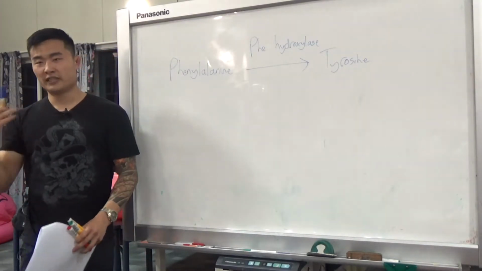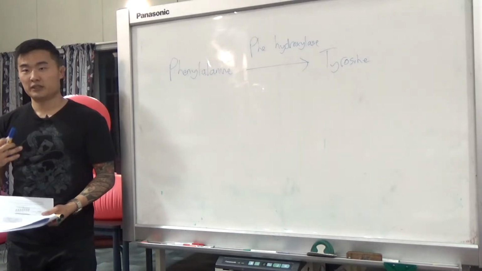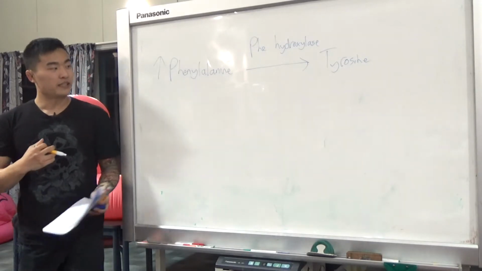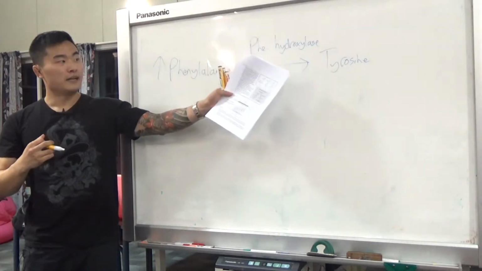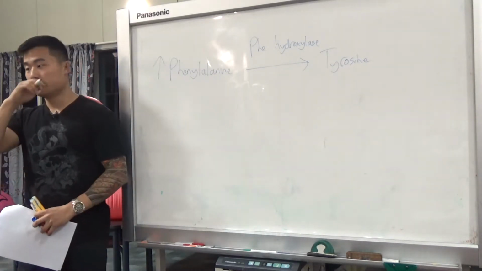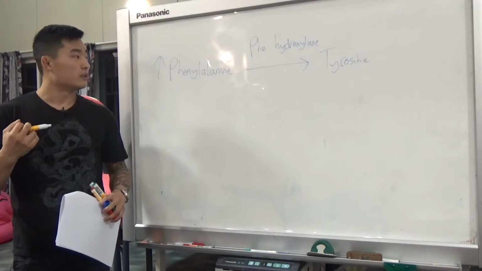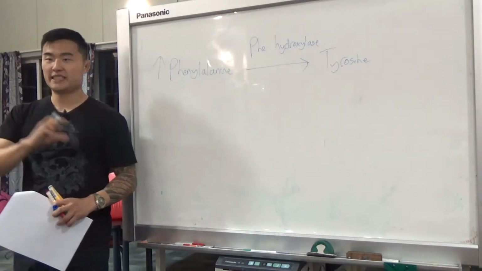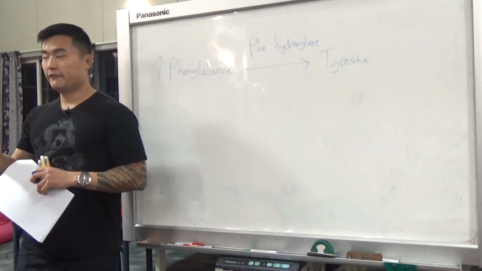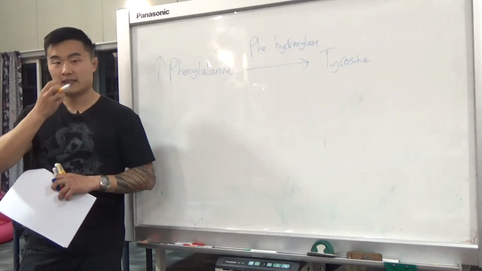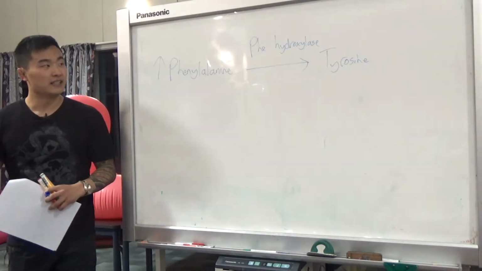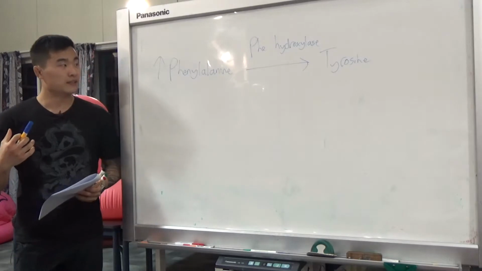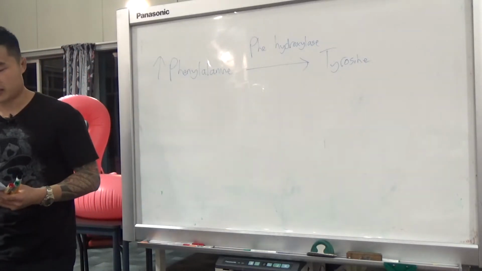But let's say that you're on a really high protein diet and you are consuming lots and lots of phenylalanine, then you might be consuming too much phenylalanine for half the amount of protein to deal with. So then in that case, you would show the signs of PKU. So whether it's recessive or dominant is also going to be affected by environment as well. But that's a bit more complicated. I just wanted to make that point. But for normal people, it is a recessive disorder. Okay.